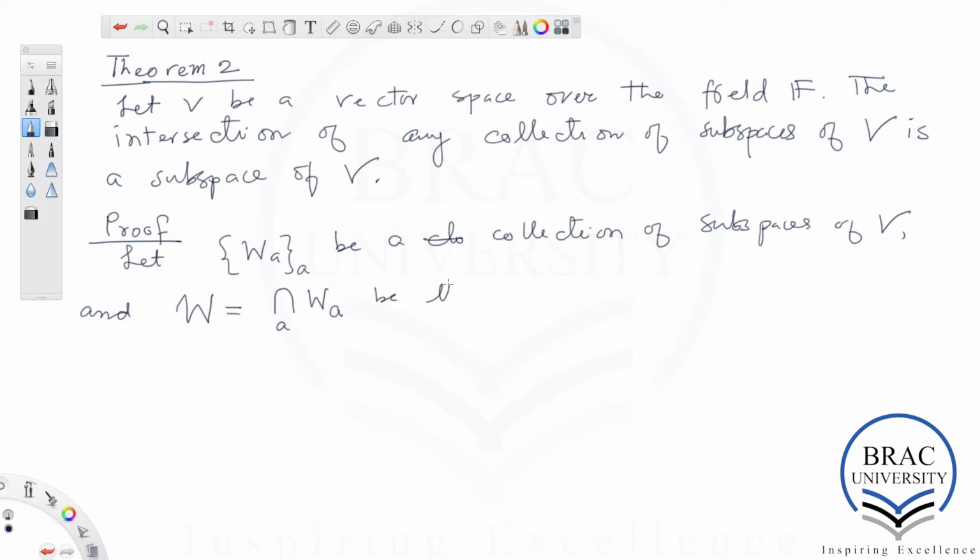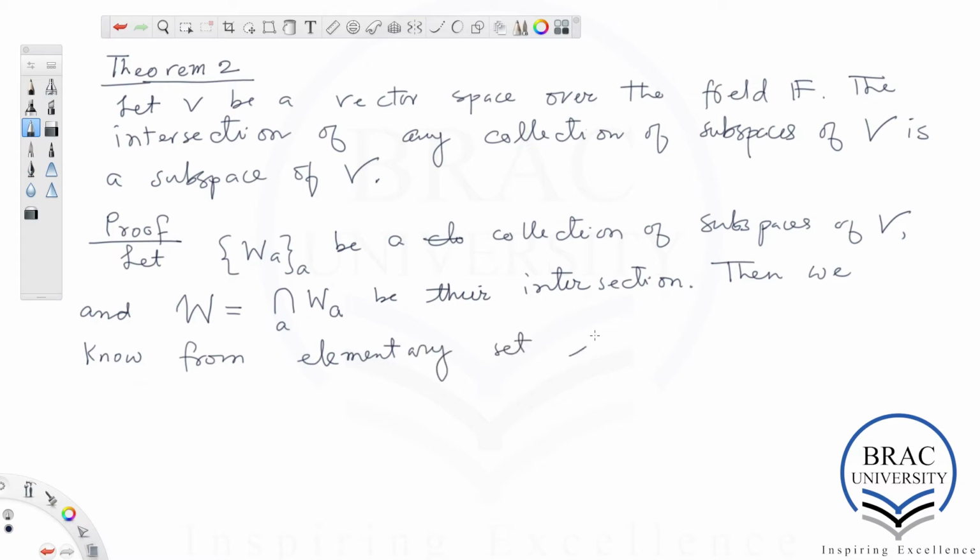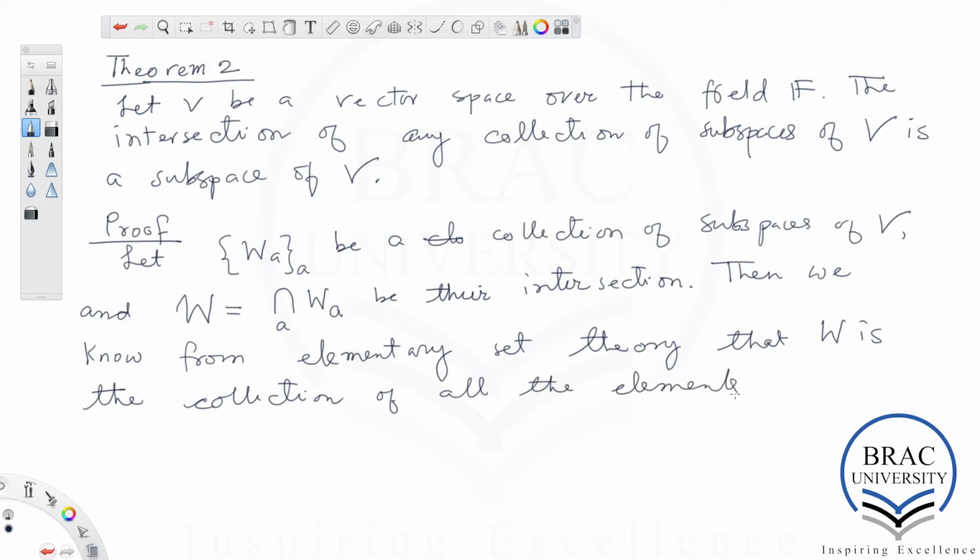Then we know from elementary set theory that W is the collection of all elements belonging to every WA.